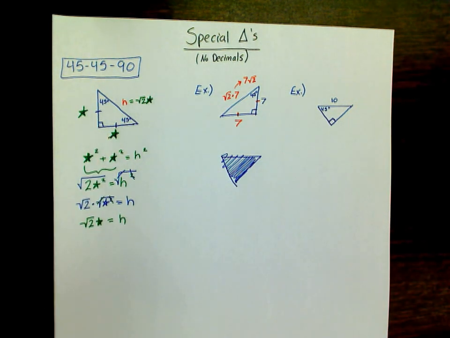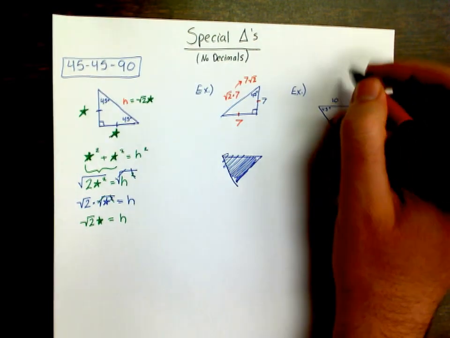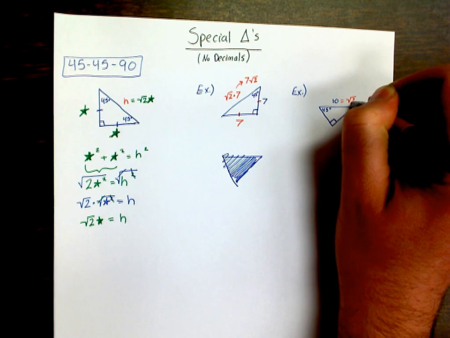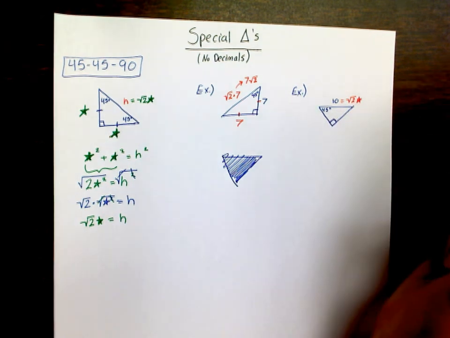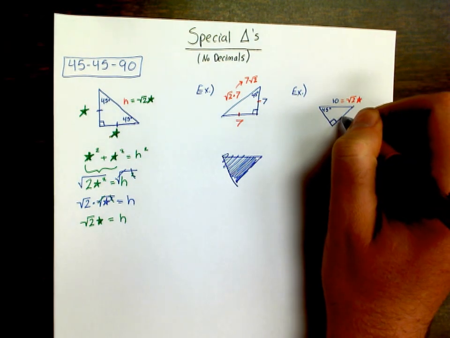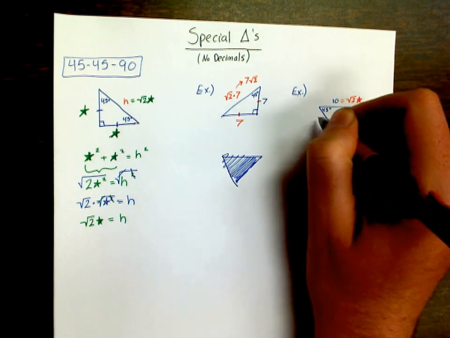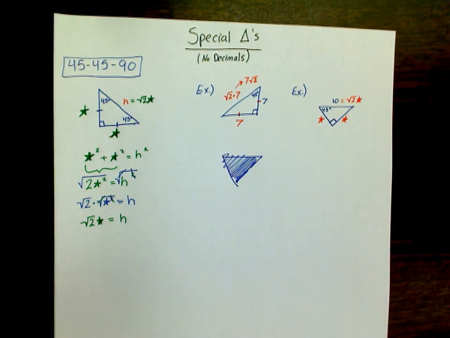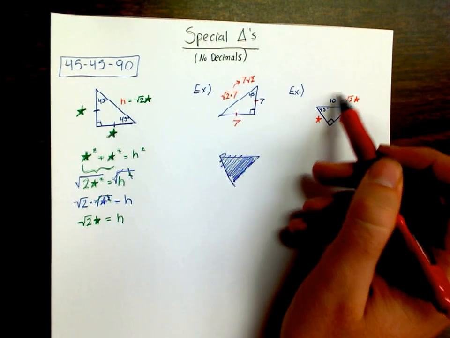Okay? So I know that the longest side is equal to square root of 2 star, and I know the other two sides, which are the same, are equal to star and star. Okay, that was a lot like our rule, but you know what it also gives us? It gives us an equation that we can solve for star.